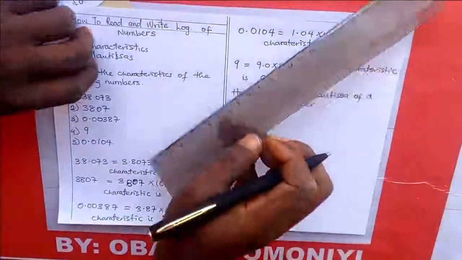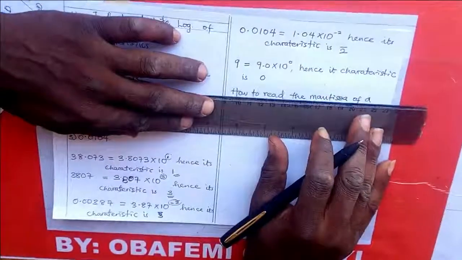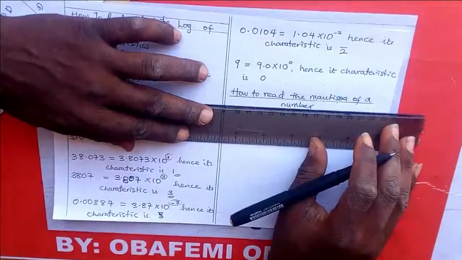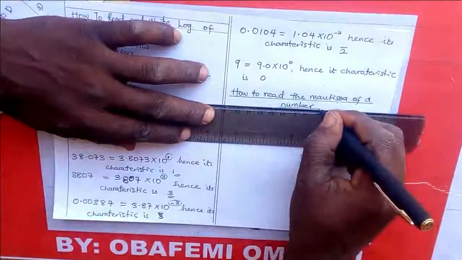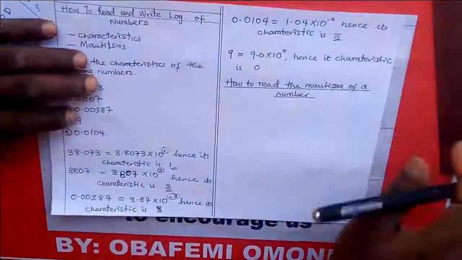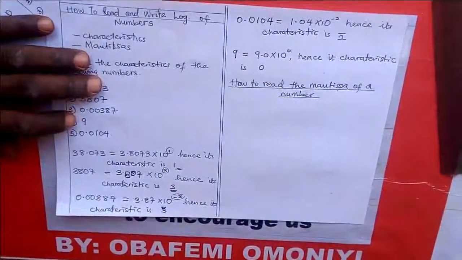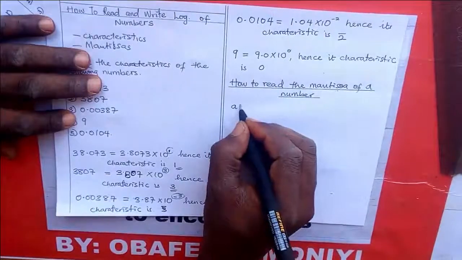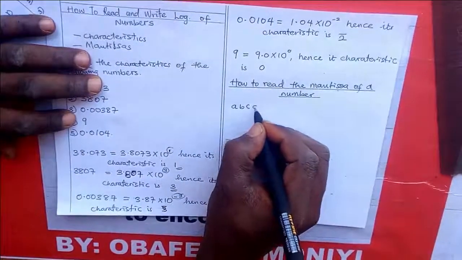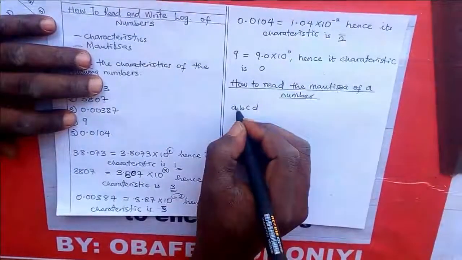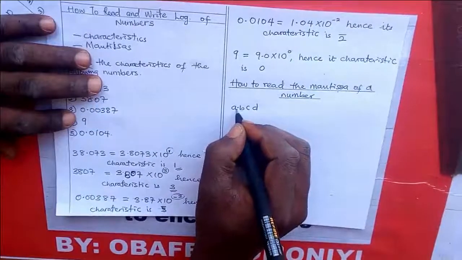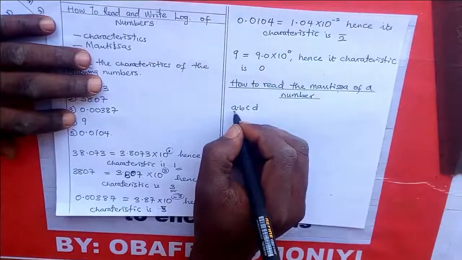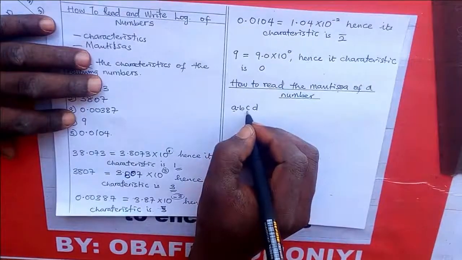After you've written the characteristic, then you write out the mantissa of that number. So to read the mantissa of the number, if the digits are A, B, C, D, remember you've written it in standard form, so it's written as A dot B, C, D.